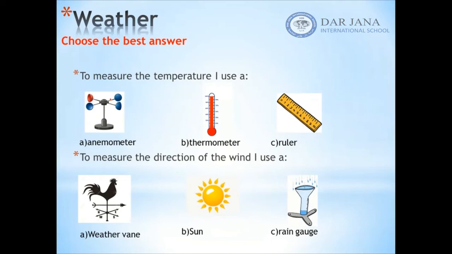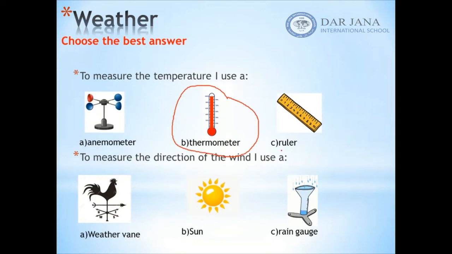When the wind is so light, it will move slowly. So does this help you to know the temperature of something? No, it doesn't. What about the thermometer? Yes, it does. So I will circle it. So to know the temperature, we need to use the thermometer.